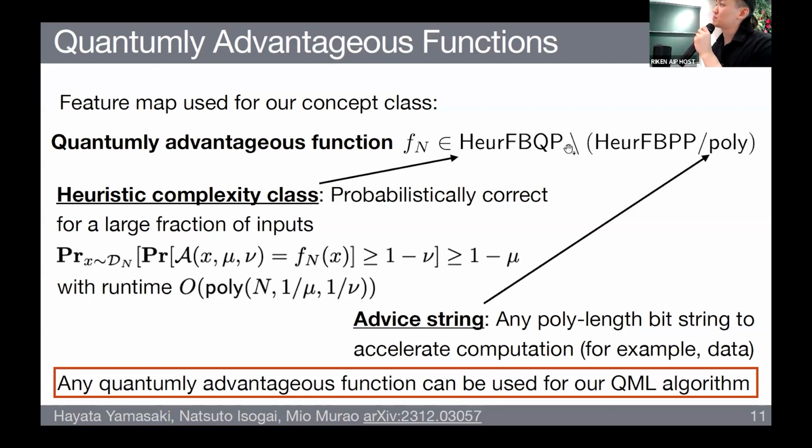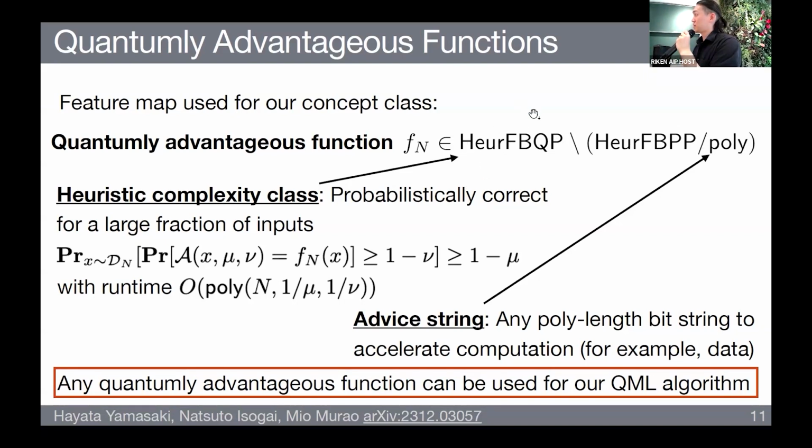Conventionally BQP means a class of functions with single-bit output that can be efficiently computed by quantum computation. So FBQP means functions that may output multiple bits, not a single-bit function.